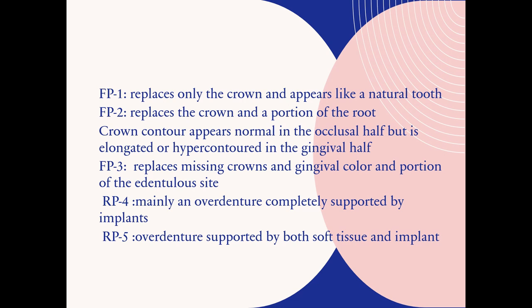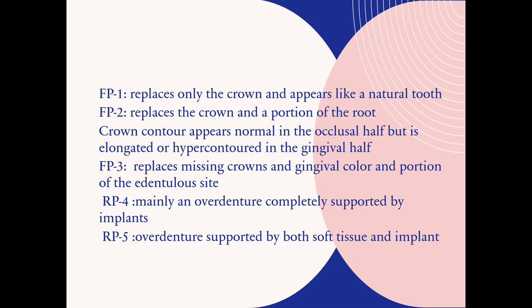So first 3 options are FPs, that is fixed prostheses, which may be cemented or screw retained, and here the patient is unable to remove the prosthesis. And the next 2 types are removable prostheses, which depend upon the amount of implant support, retention and stability. So let us see the FP1, which replaces only the crown and appears like a natural tooth.